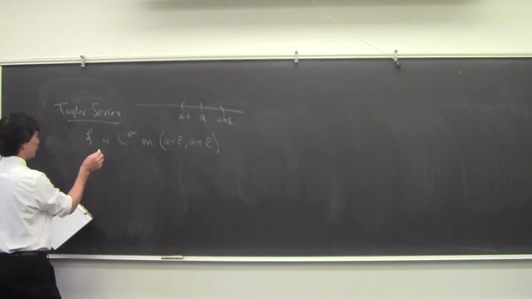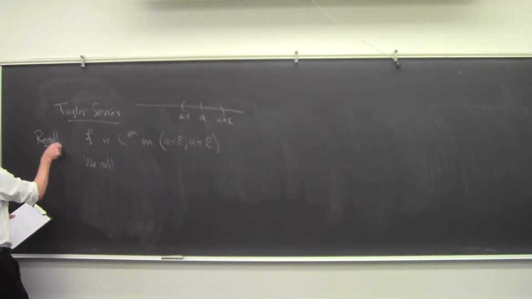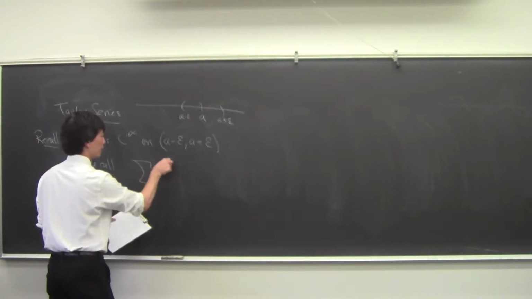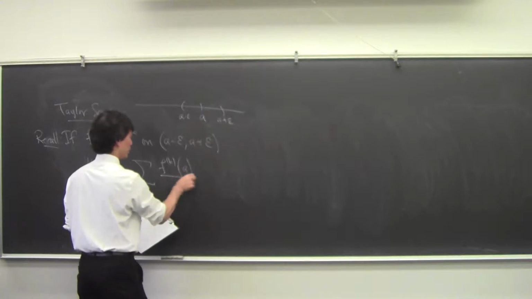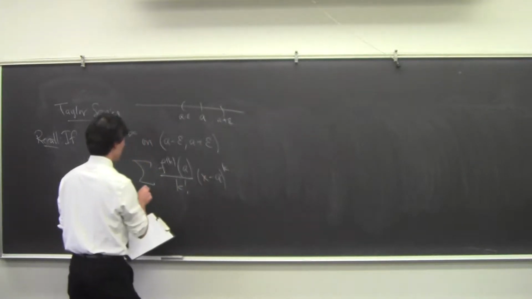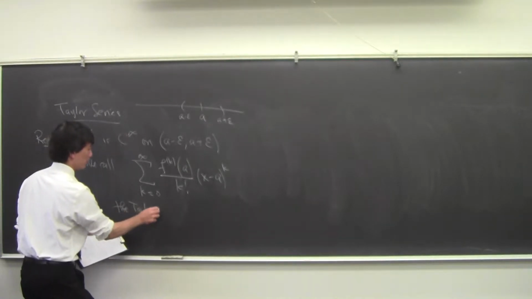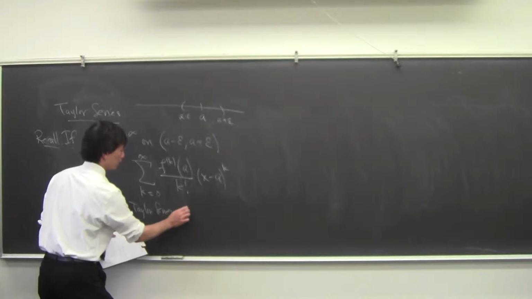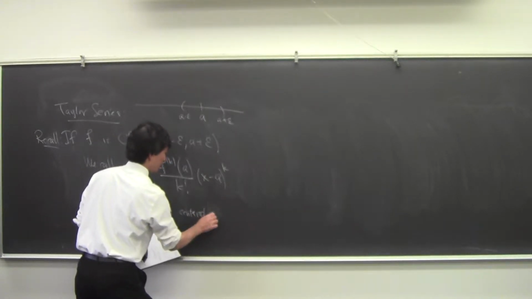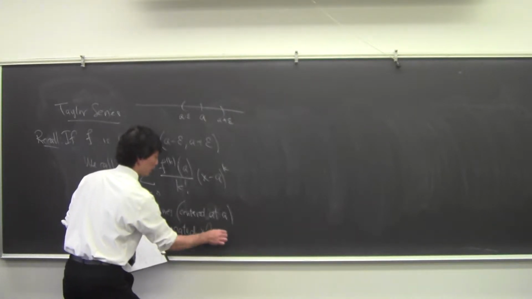Okay, then, remember, if this thing is infinitely differentiable, then we call a certain polynomial, I'm sorry, a certain power series, we call this power series the Taylor series centered at A associated with f.